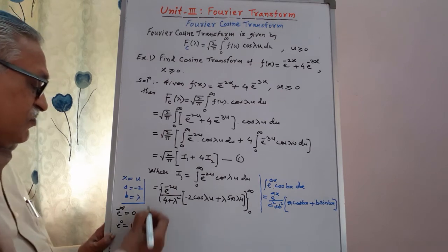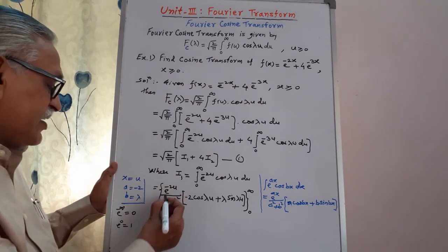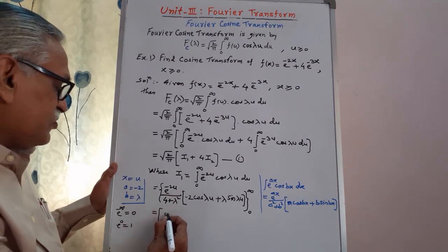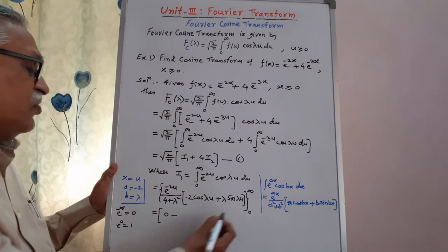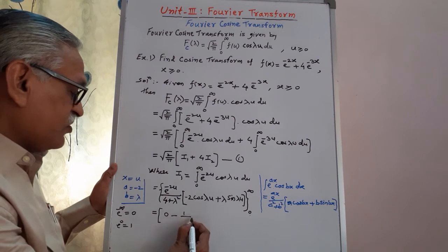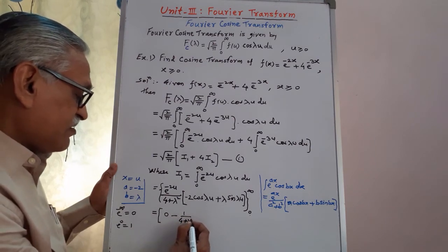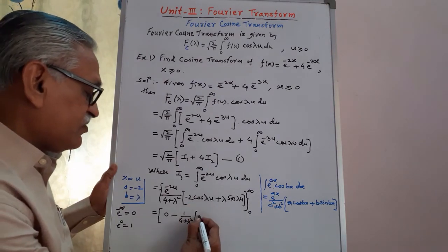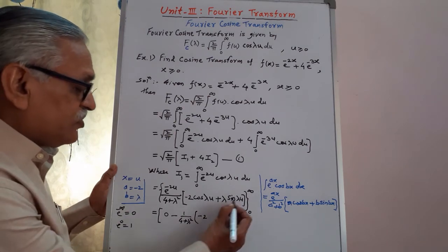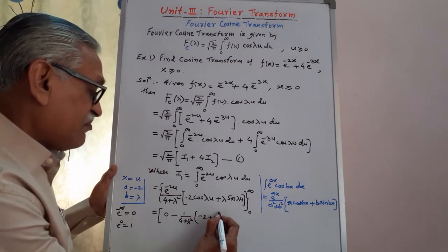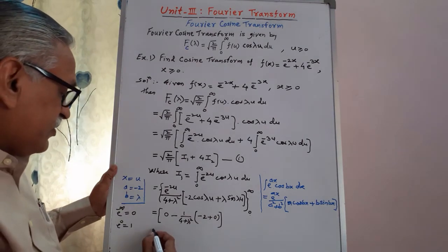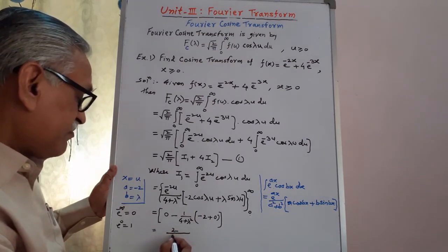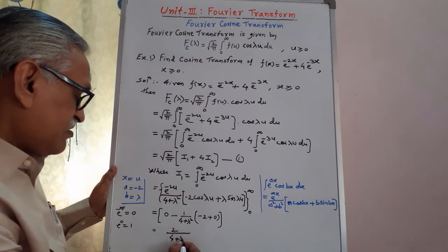And therefore, we have e raised to minus infinity, that term is 0, minus lower limit e raised to 0, 1 upon 4 plus lambda square, cos 0 is 1, therefore it is minus 2 into 1, minus 2, sin 0 is 0, and therefore that value is, this minus minus it becomes plus 2 divided by 4 plus lambda square.